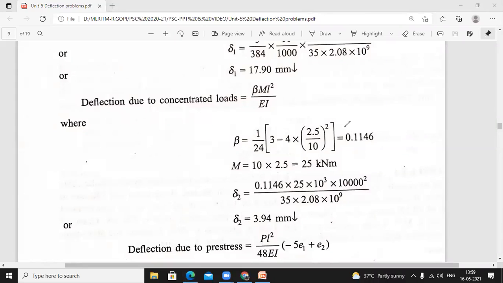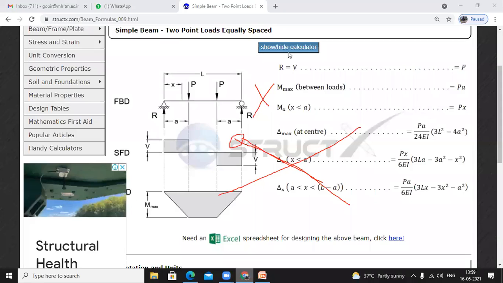Actually, it is the same formula they mentioned here. Instead, they put beta and removed Pa. Everything is the same, and they simplified it, but it causes confusion. So don't see that formula. This is all complicated. For easy memory purpose, you see this formula.